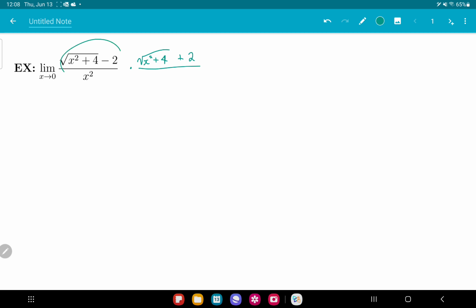So here's my original radical numerator. Here is what's called the conjugate of the numerator. We don't want to change the expression, so we multiply top and bottom by the same thing. All right, so what happens here?